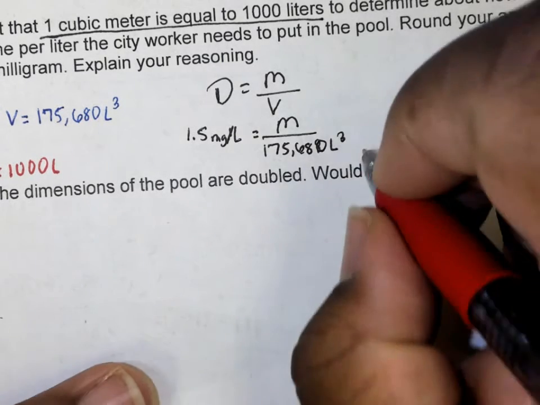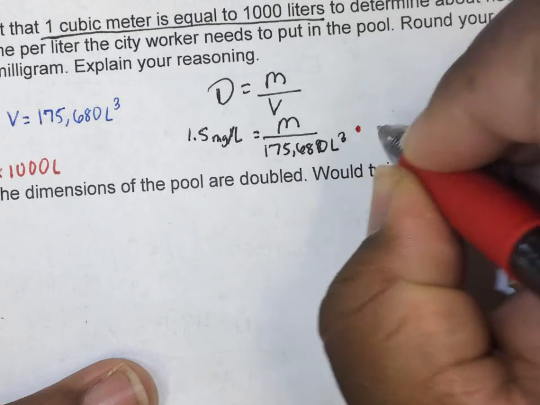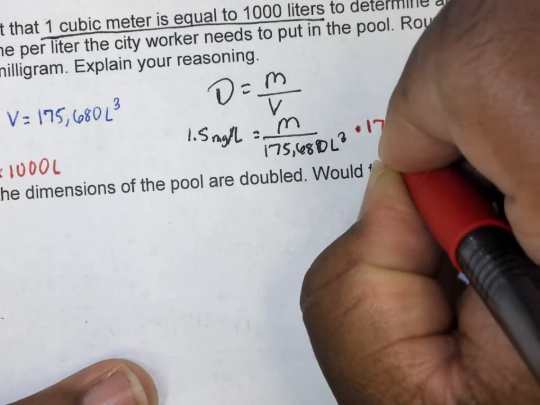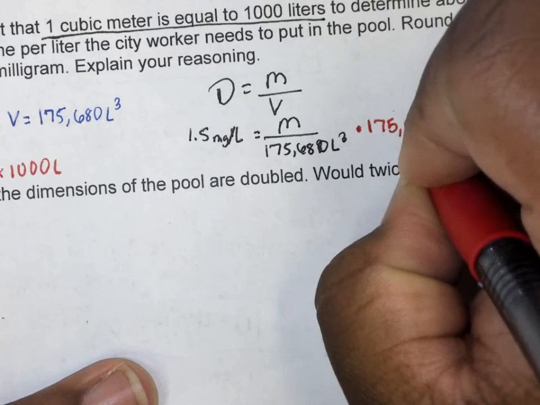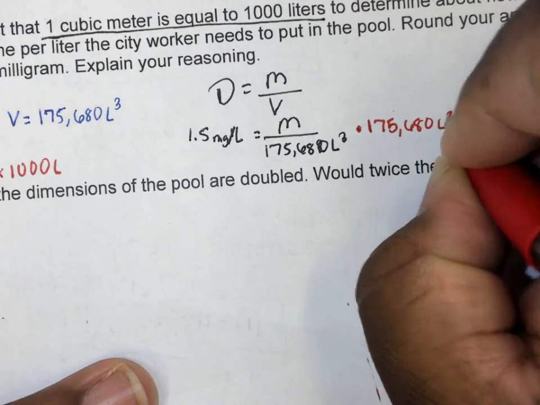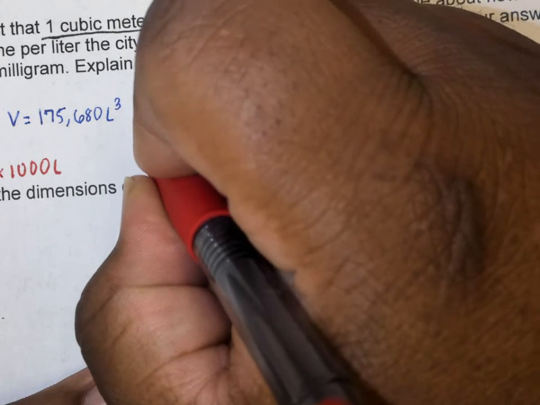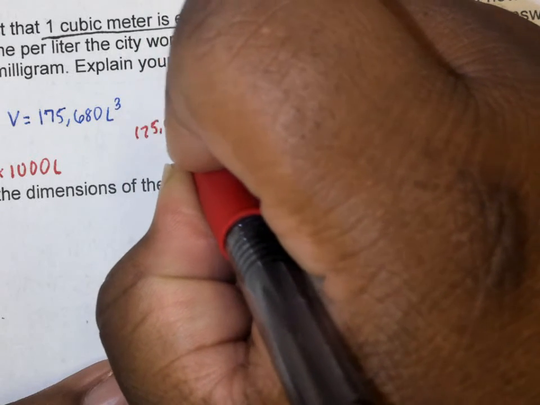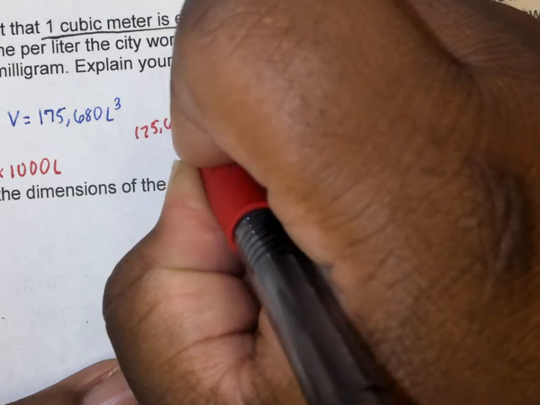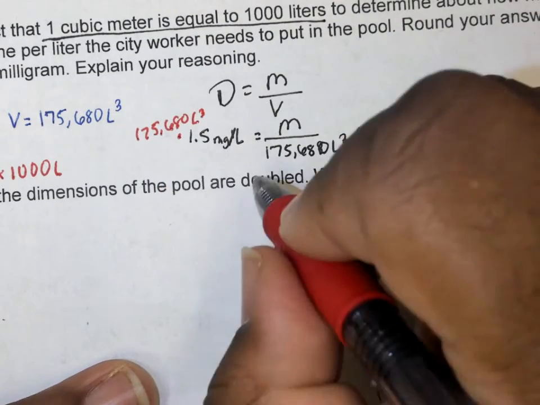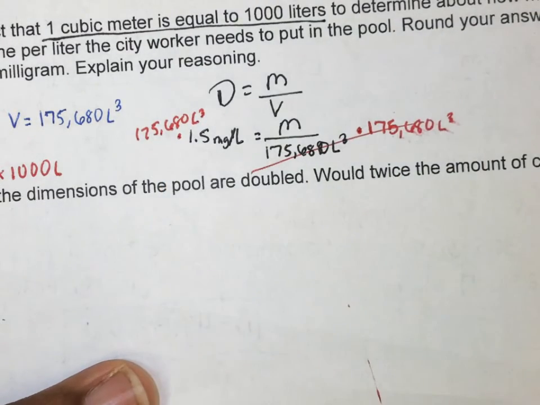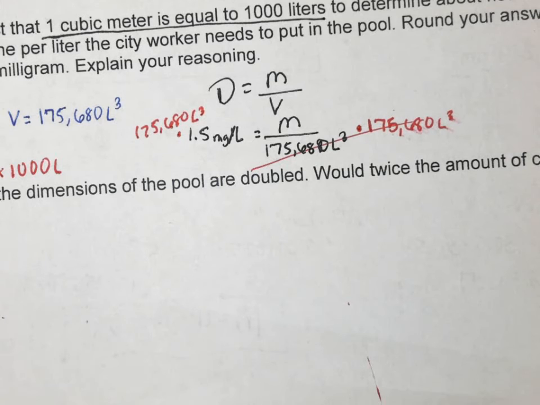From there, y'all should know what to do. Multiply on both sides. The liters cancel, and then you'll get your mass in milligrams.